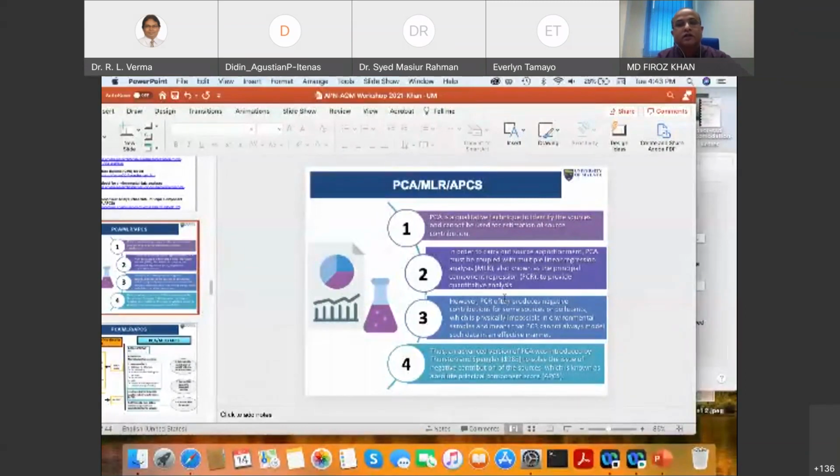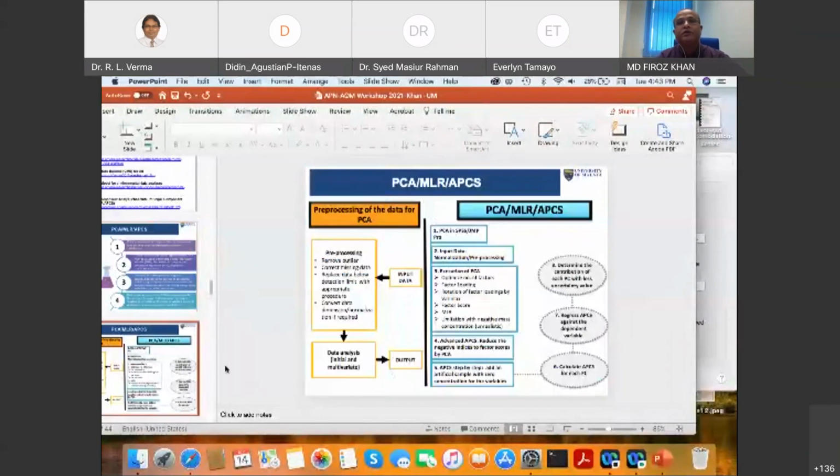In the next slide, we have given, purposely for you to find it easy to execute this APCS model, the step by step, from step 1 until step 9. If you follow very carefully, you will be able to run PCA and APCS by using any statistical tools.